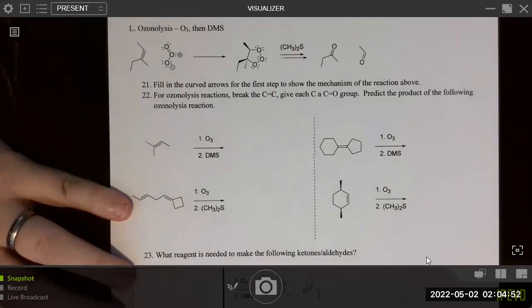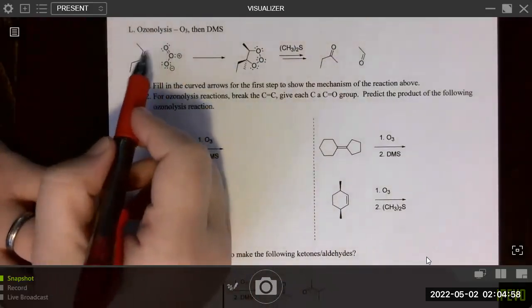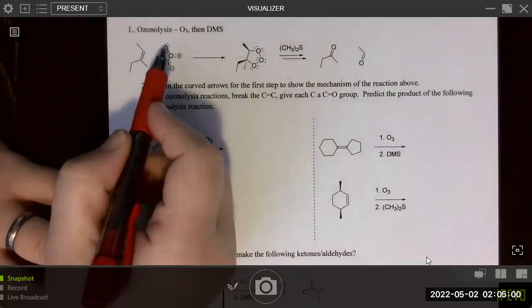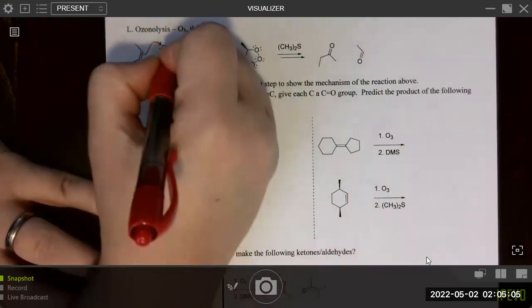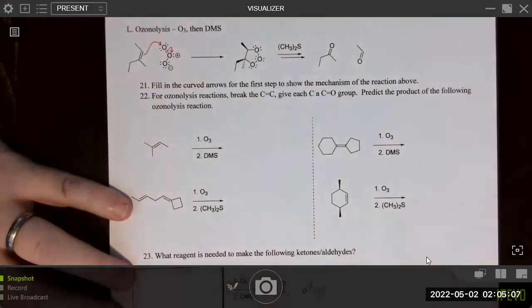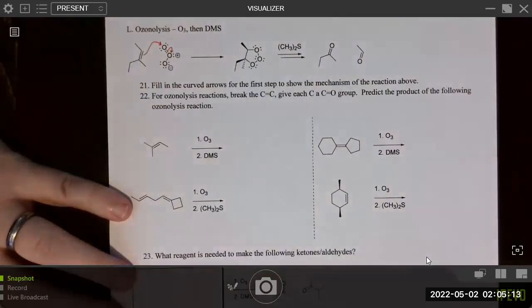All right, so remember that pi bonds are nucleophilic. So the electrophilic oxygen is the one that's neutral, attached to the positive charge. That way the electrons from the bond go to the oxygen as a lone pair so that it's no longer positively charged.